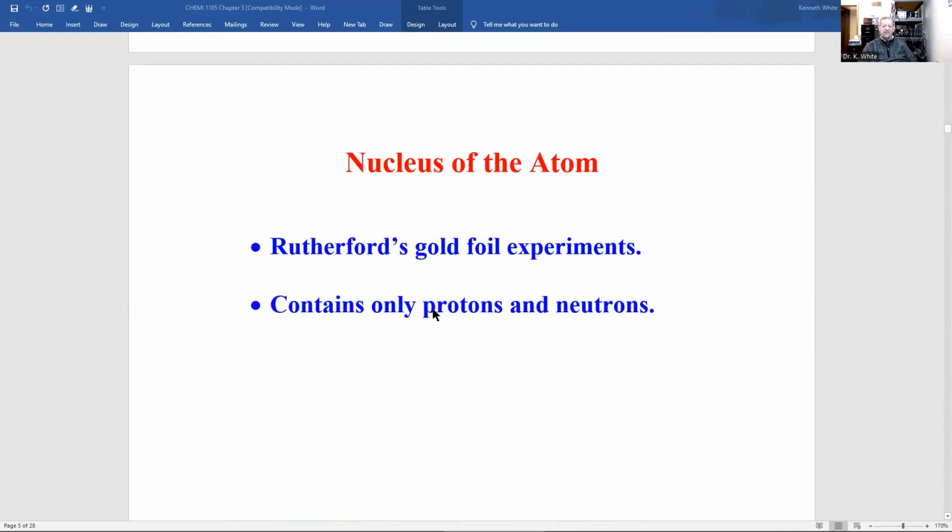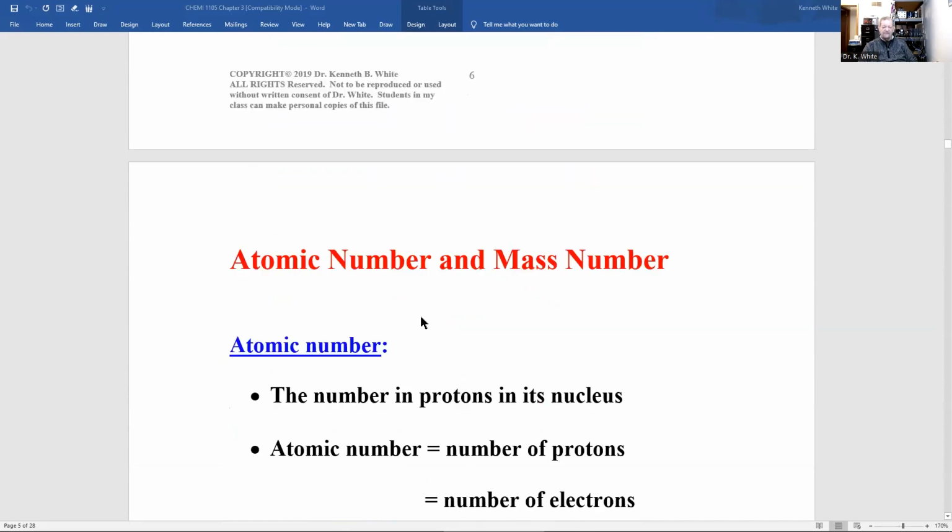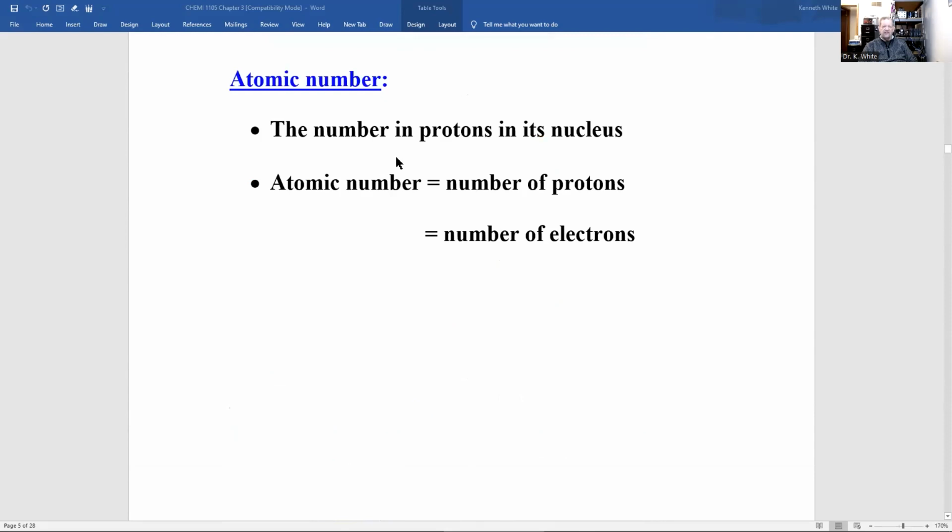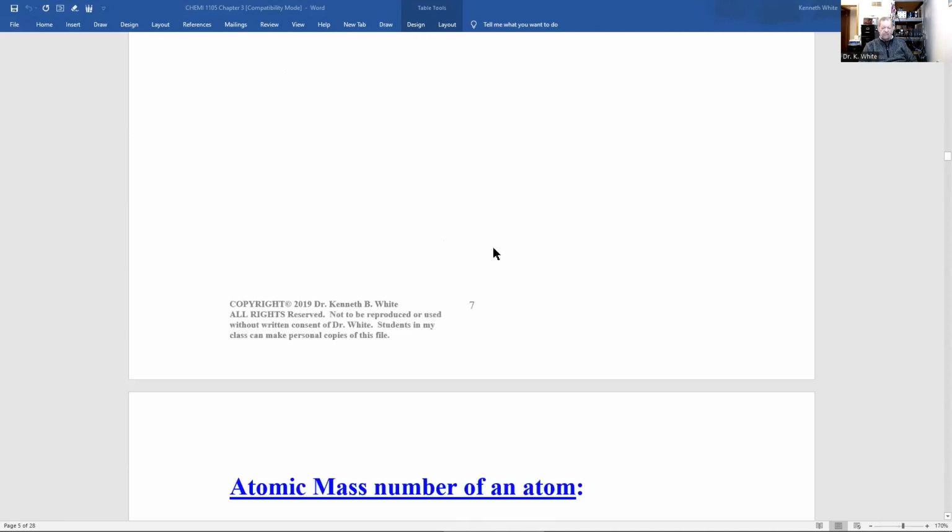The nucleus contains only the protons and neutrons. And remember, the atomic number equals the number of protons. And since all atoms of an element have a zero net charge, the atomic number also equals the number of electrons.